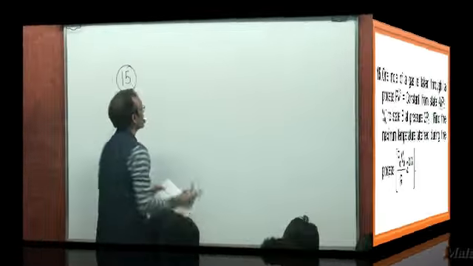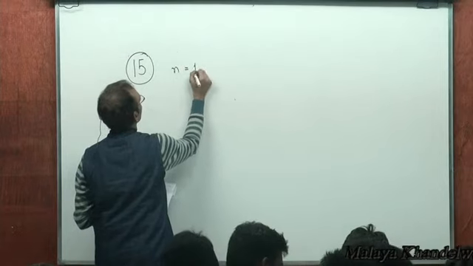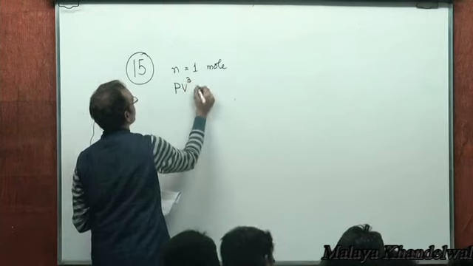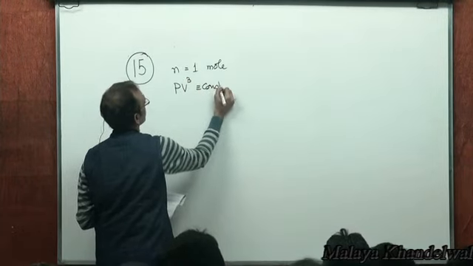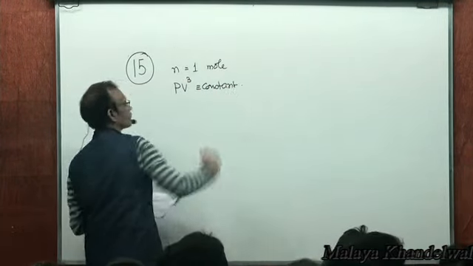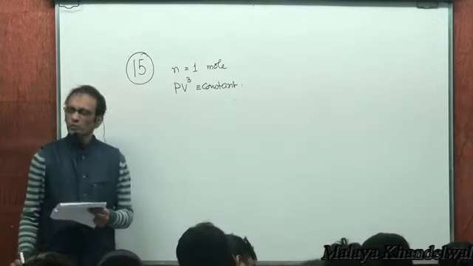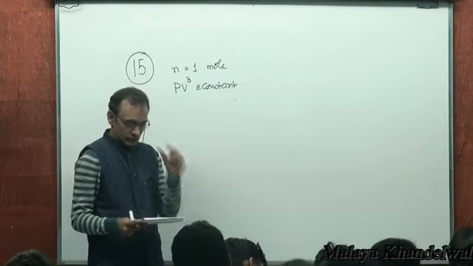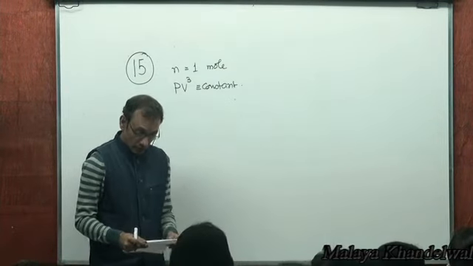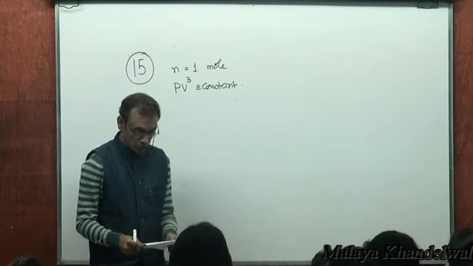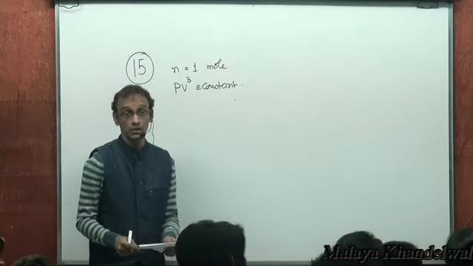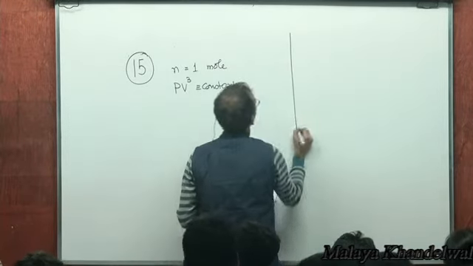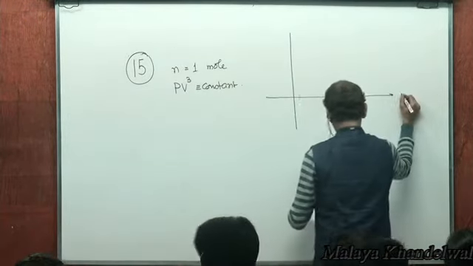One mole of a gas is taken through a process PV cubed equal to constant. Polytropic process, right? From state A, P naught V naught, to state B where pressure is doubled.